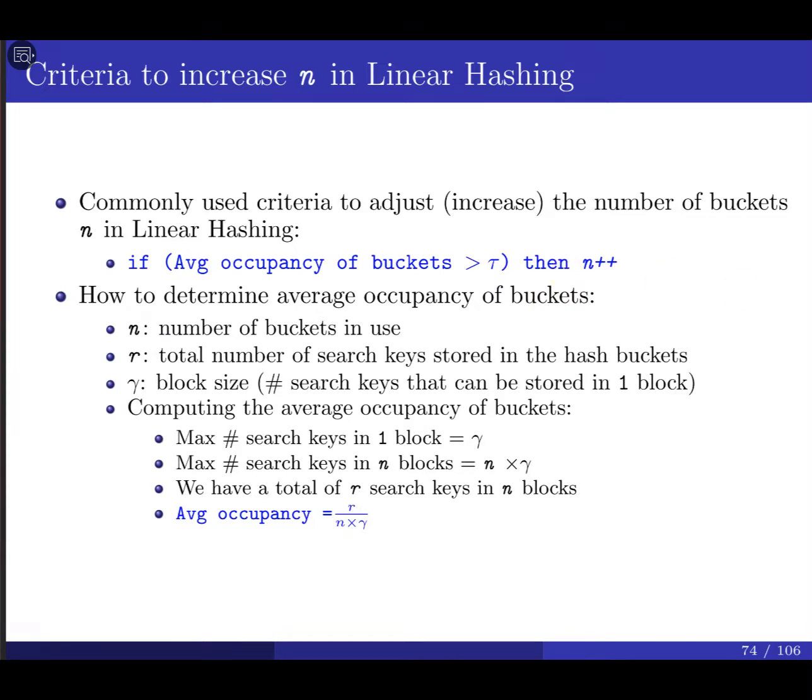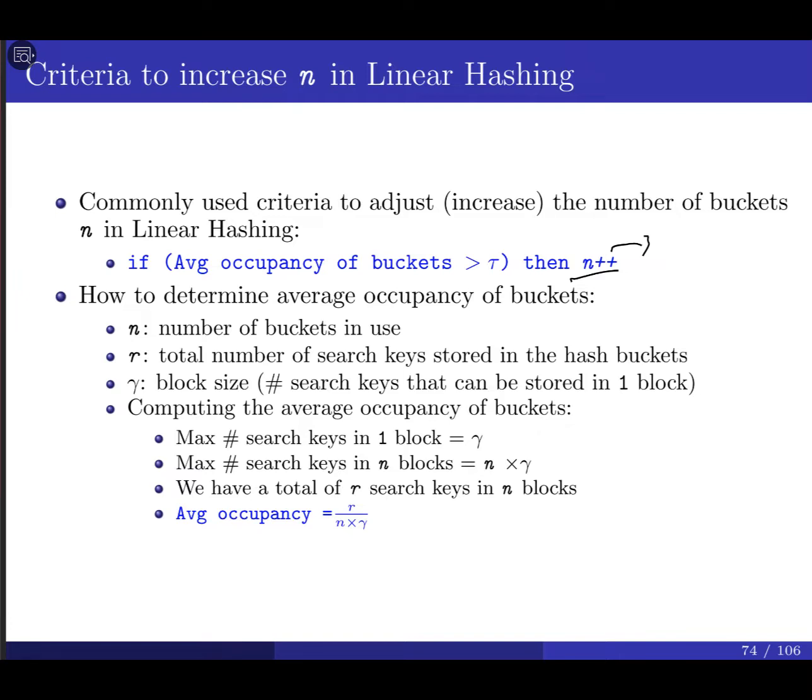That means you just add to the index, or increase the value of n by 1. Okay? In other words, when you say n plus 1, that means I'm going to increase the number of physical buckets that exist there. So I'm going to add one extra bucket to the real ones and reduce one from the virtual.